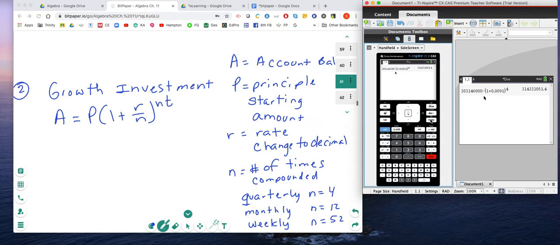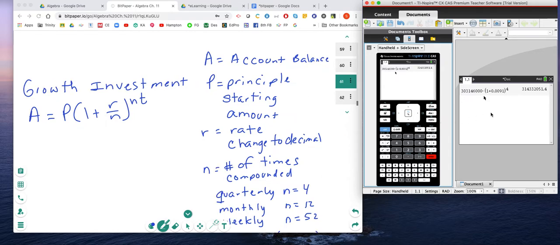All right, another exponential growth formula that you're going to be working with is the investment formula for compound interest. For this one, capital A is going to be the account balance. That's how much money is left in your account after the interest has been added. P is your principal.